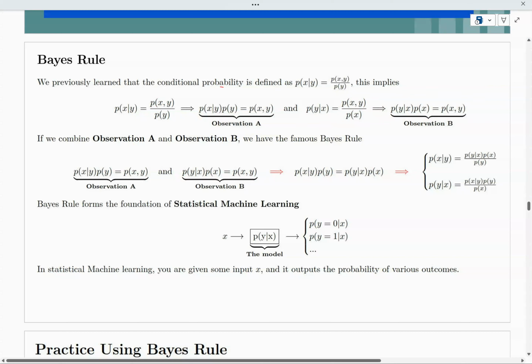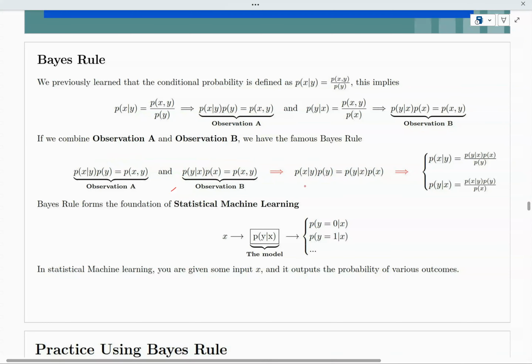We're going to call this observation A and this observation B. The point is, if you combine observation A and observation B, notice that this and this are the same. Therefore, this must equal this, right? If A is equal to C and B is equal to C, therefore A is equal to B. That's the logic here.